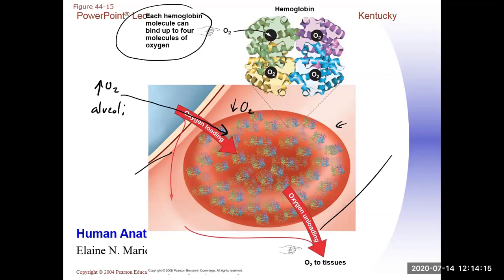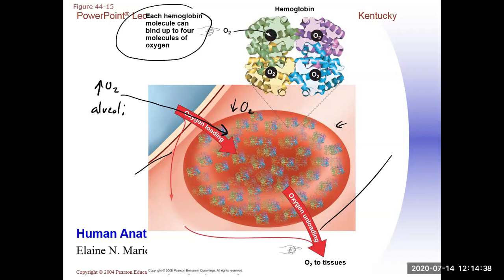So approximately 90 plus percent of the oxygen is carried via the hemoglobin. All right.